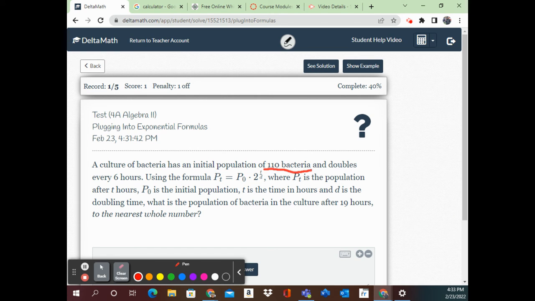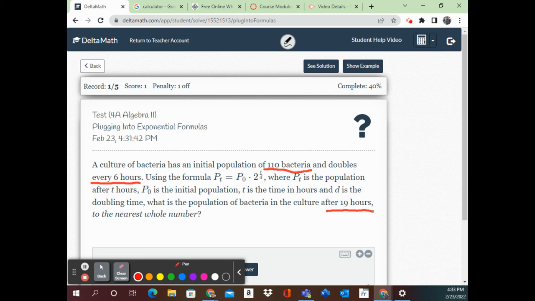Using the formula P_t equals P_0 times 2 to the t over d, where P_t is the population after t hours, P_0 is the initial population, t is the time in hours, and d is the doubling time, what is the population of bacteria in the culture after 19 hours?